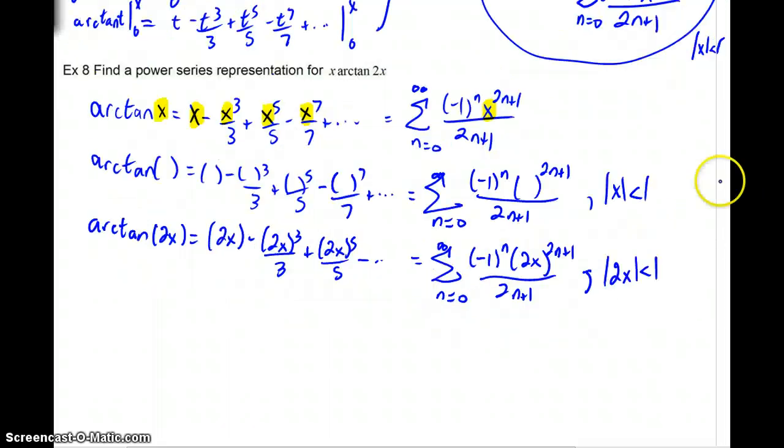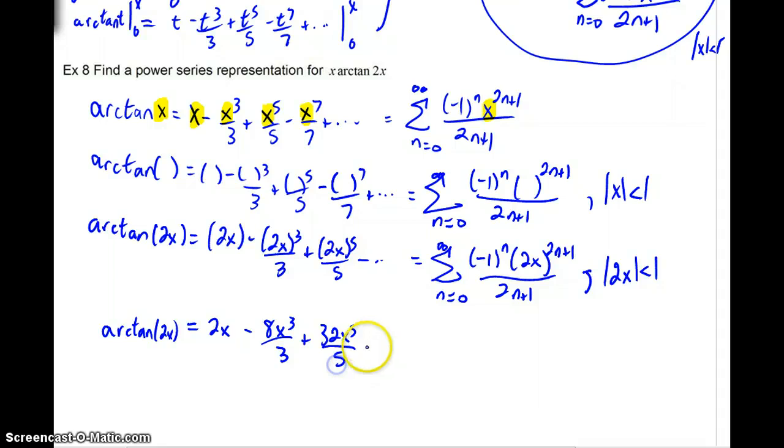And just cleaning this up a little bit, we're going to see that the arctangent of 2x will be 2x minus, well, this will become 2 to the 3rd, which is 8, 8x cubed all over 3, plus 32x to the 5th all over 5.